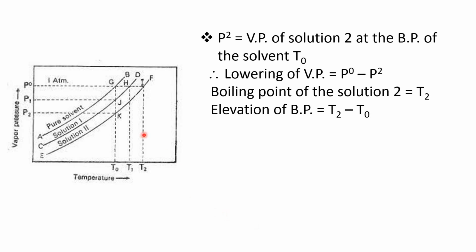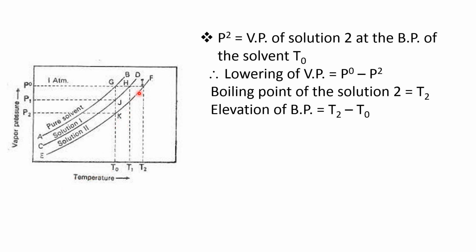Similarly, if you take the second solution, here also at temperature T0, the boiling point of the pure solvent, its vapor pressure is P2, much lower than P0. Therefore, the lowering of vapor pressure in this case is P0 minus P2 at temperature T0.